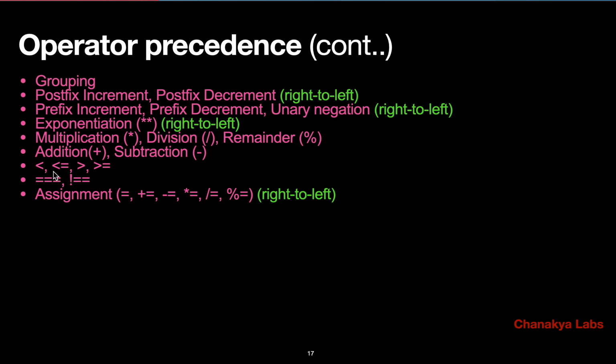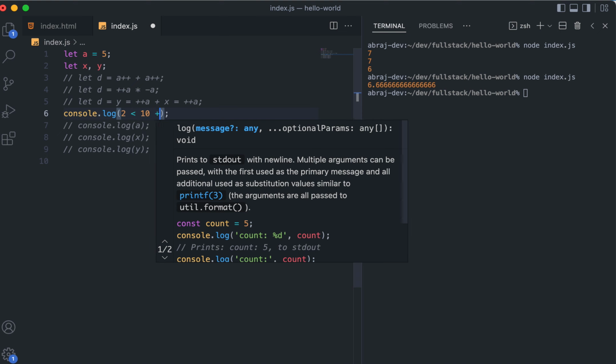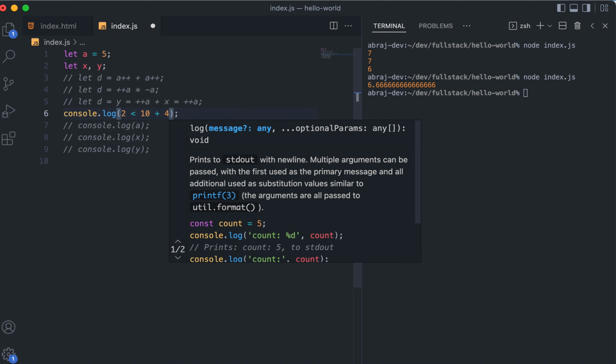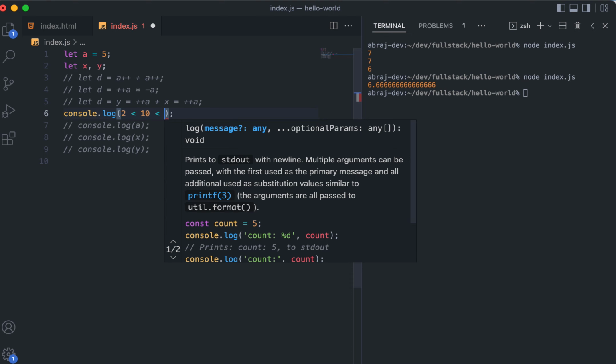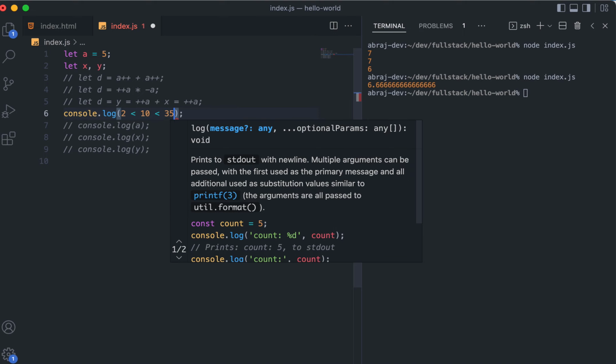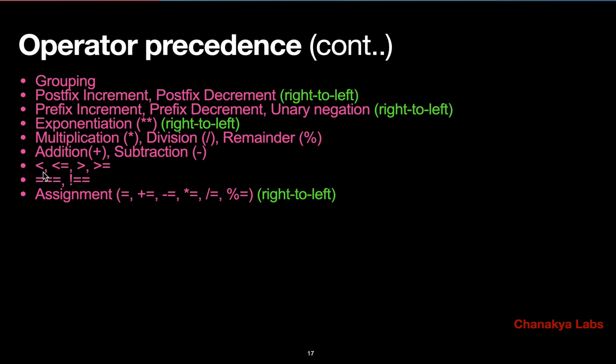After addition and subtraction, these things will happen, which means that if you are having something like 2 is less than 10, less than, let's say, 35, then you see that all these have the same precedence, right?